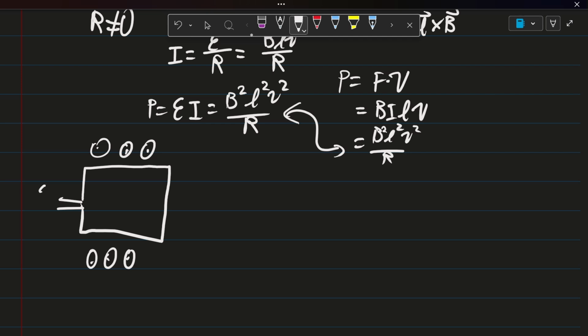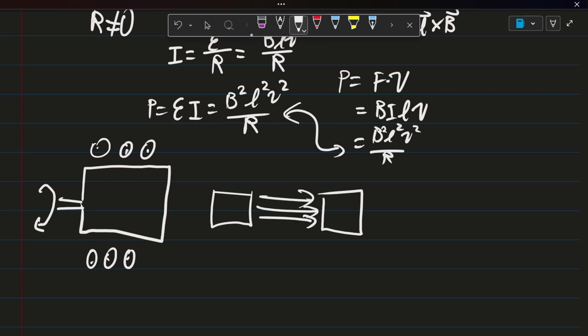If we try to apply a mechanical force so that this thing will rotate. Let me just draw this in a much better way. If we have a magnet in here that has magnetic field in this direction, and then we have this piece of coil that we could turn.